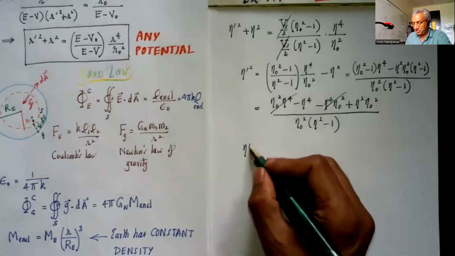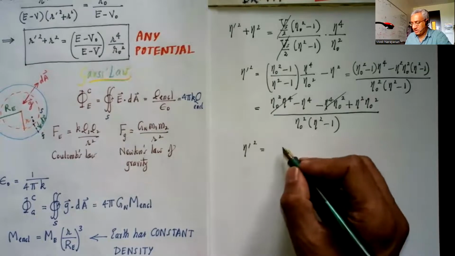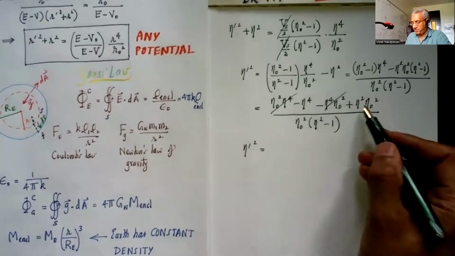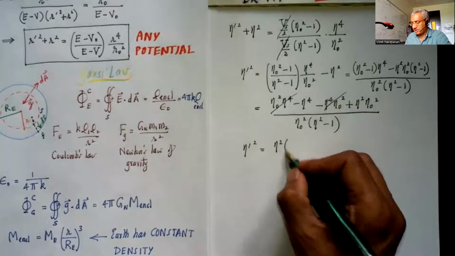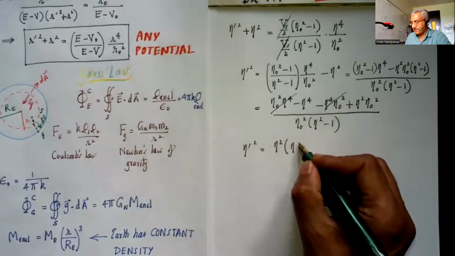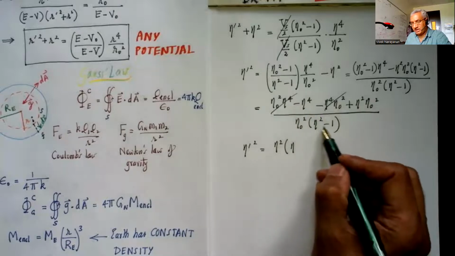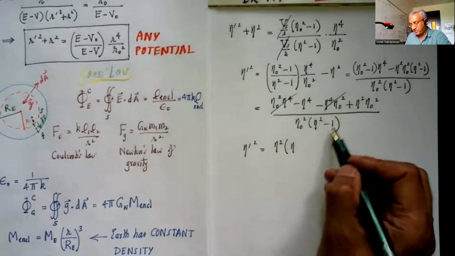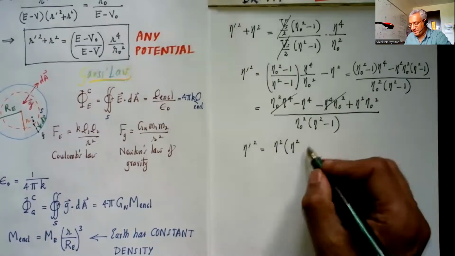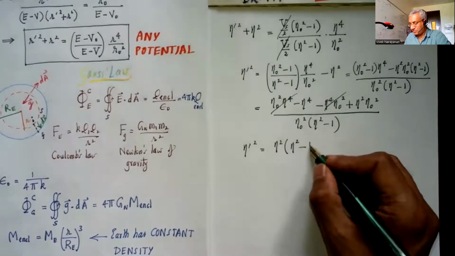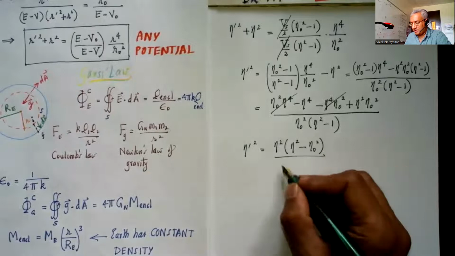So I get eta prime squared is equal to, there's an eta squared that's common, so I'll take that common. Eta squared has got a negative sign, but I'm going to switch the negative sign here. So this will be 1 minus eta squared. So I'll write this right now and then do that.